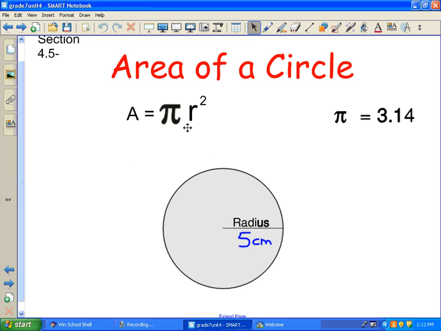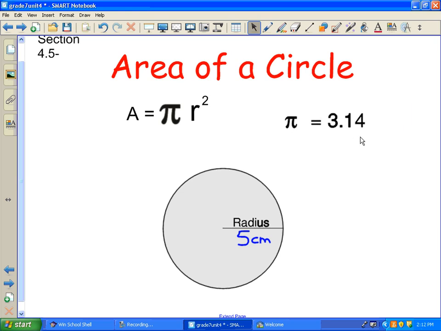So there is a formula for calculating the area of a circle, and it's a very simple formula. All you need to know is the radius. So if you're given the radius, you can easily find the area of this circle, how many centimeters squared, or whatever the unit is, squared. You always know pi is going to be 3.14.